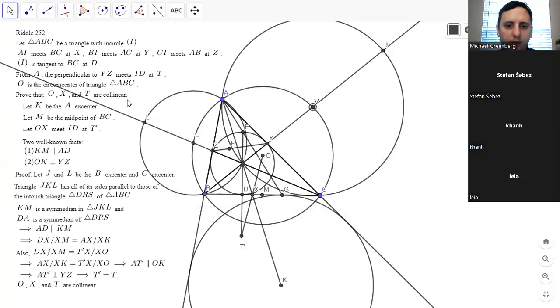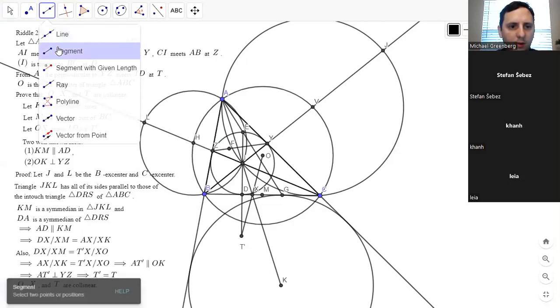Okay, so these are the two excenters. I didn't draw the excircles, but should I draw the excircles too?